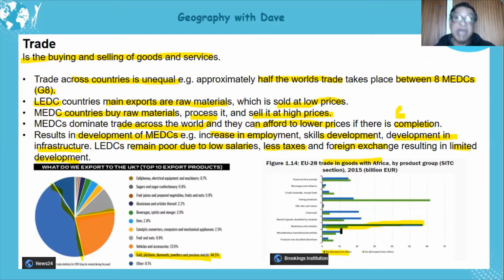Massive difference between us and them. They sell that processed goods to us. And that's just where we need to look at these things. That is why they're growing and growing in power. And Africa struggles a bit. Not that we don't have the intelligence, but so many factors like colonialism, etc., showed its hand throughout the years.